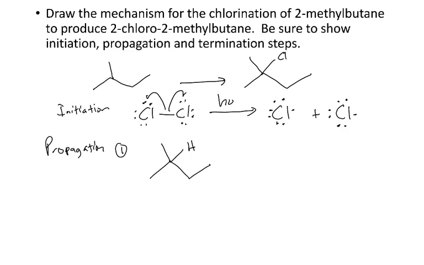So we know, because they told us the product is 2-chloro-2-methylbutane, that we're going to add the chlorine here, but we would have been able to predict that this is the major product, because when we pop this hydrogen off in this hydrogen abstraction step, we're going to result in creating a radical. And so creating, in this case, the tertiary radical is more stable than if we were to halogenate here, creating a secondary radical, or here creating a primary radical.